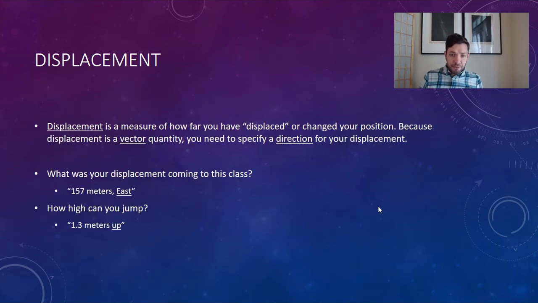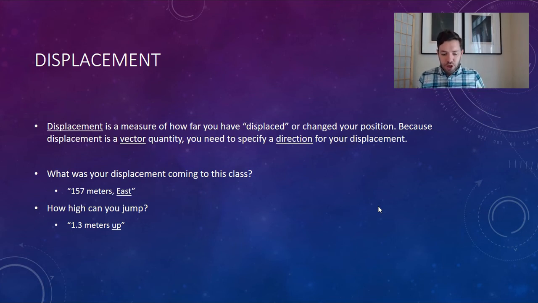So displacement is related to distance, but it has to do with not just how far you've gone, but where you are compared to where you started. It can be the distance you've traveled, but it has to be compared to your starting point. So if you run one lap around a track, the distance that you've traveled is 1/4 mile.